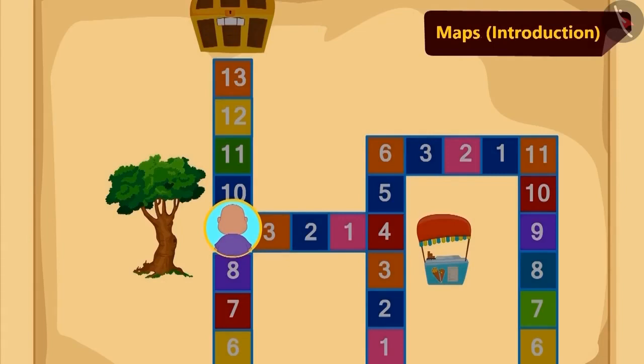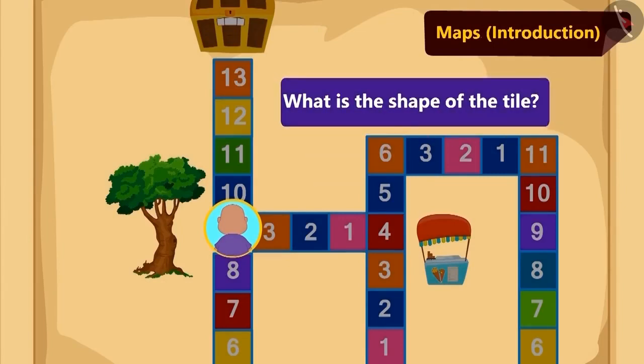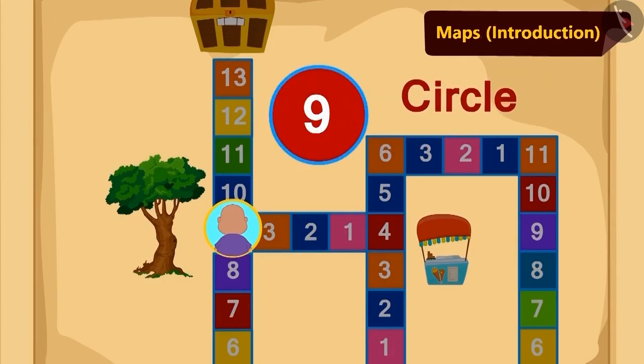Children, can you identify what is the shape of the tile? Yes, you are right. It is in a circular shape.